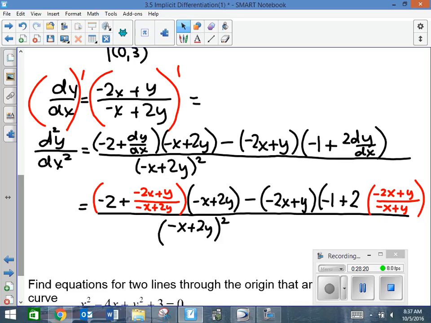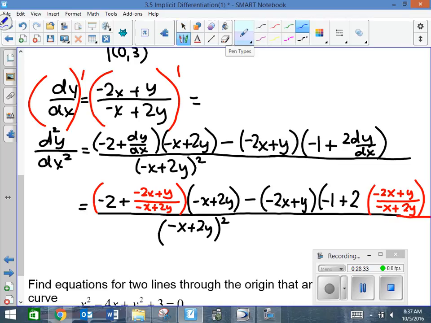The bottom is 2y. Thank you. All right, now we're going to take another colored pen and put in our x is 0, our y is 3. You already did that. You're good. Okay, here we go.